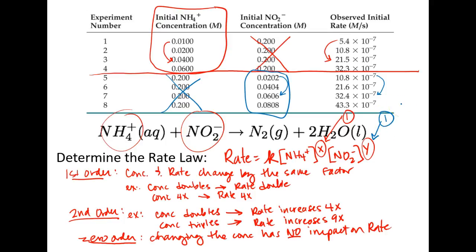And so for this slide, our rate law would be rate equals k times the concentration of NH4, and you wouldn't write the 1, we just understand it to be 1, times the concentration of nitrite, NO2 minus. And since the exponent or order for NH4 is 1, and the order for NO2 minus is 1, then overall, this reaction is a second order reaction.